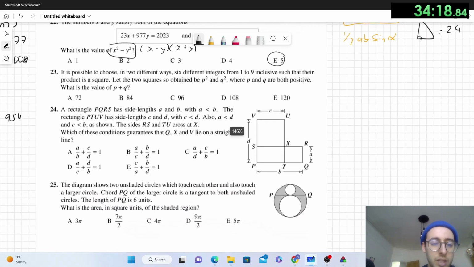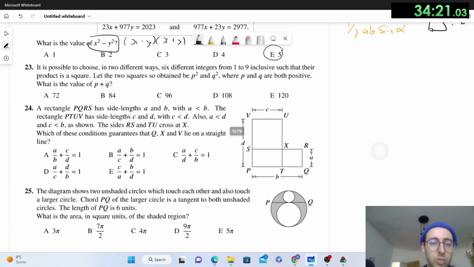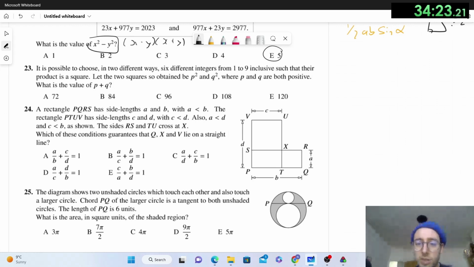That's a great question. Is it possible to choose in 2 different ways 6 different integers from 1 to 9 inclusive such that their product is a square? Oh, it is possible to choose.